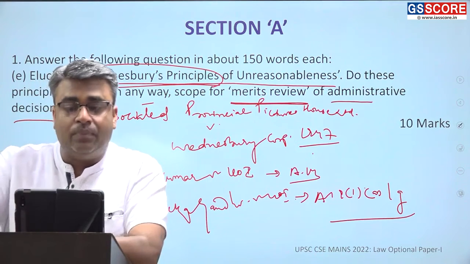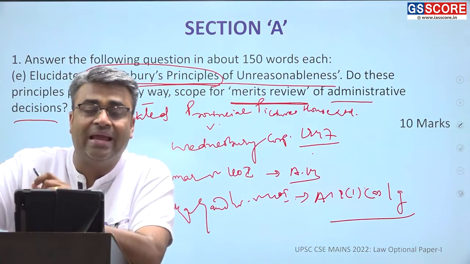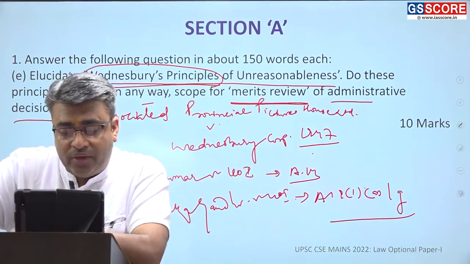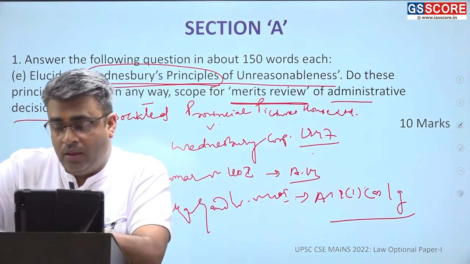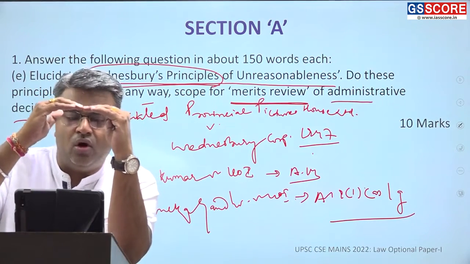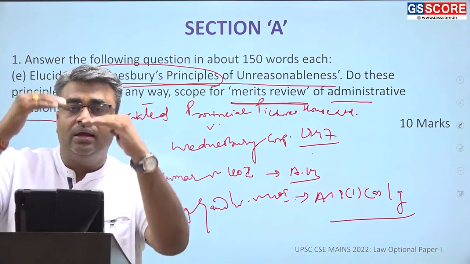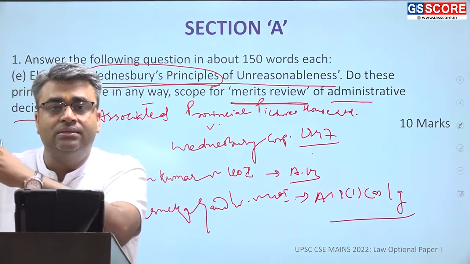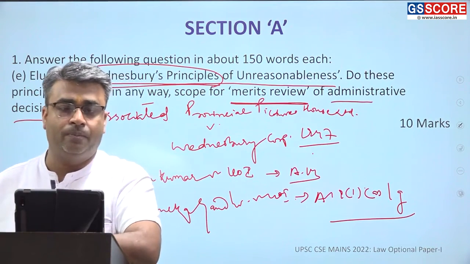The court has the power to check the constitutional validity of any legislation or any administrative decision. In some way, we call this the doctrine of proportionality as well: whether the legislation or administrative decision is really proportional to the optimum balance of the fundamental rights of the citizens or not.